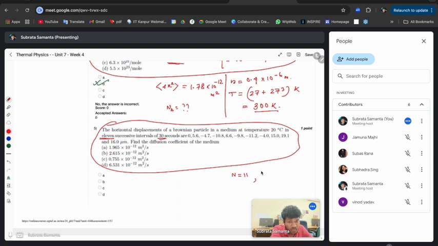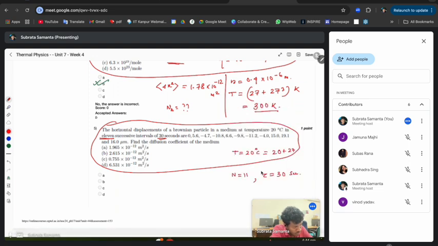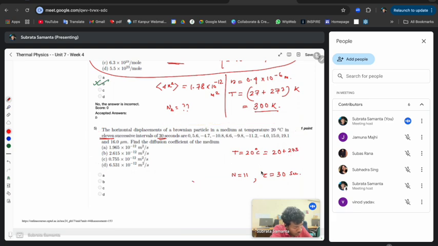And tau is 30 seconds. And the temperature is 20 degrees centigrade. So temperature T, 20 degrees centigrade, that means 20 plus 273, so 293 Kelvin.